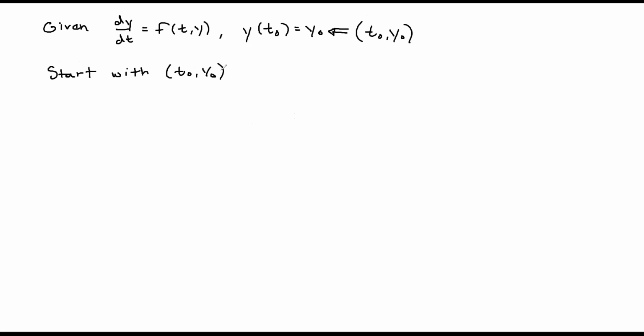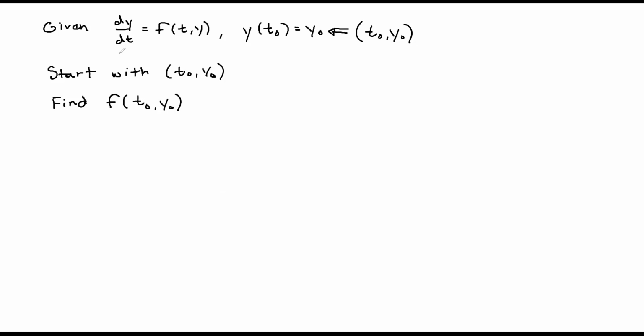All right, so if you recall from the discussion that we just had, the first thing that you want to do to construct your curve, quote unquote, is find the slope at the initial condition, and then use that to define a line segment. So we want to start off by finding the slope. So we're going to find f of t naught comma y naught. Now that's going to be the slope at t naught, y naught. Why is it the slope? It's because f of t, y equals dy/dt. dy/dt is the slope of y, right?